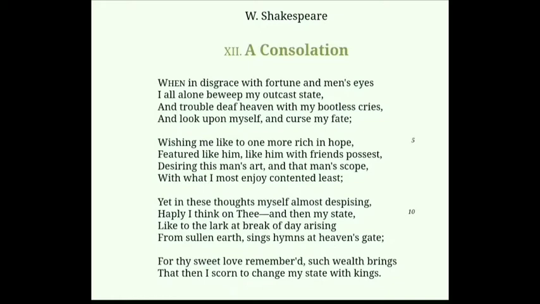So here the poet is looking at various people around him, some who are rich, some who have good features, who are physically attractive, some who have friends, some who know the art, maybe fine art, poetry, some kind of skill, and some people who have scope in life. So everyone is having something or the other.